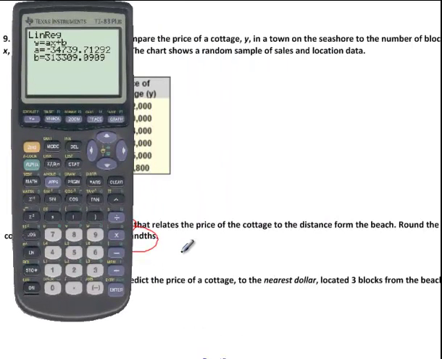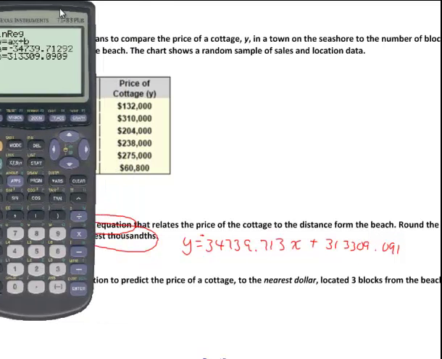It's an equation, so I must write y equals 34739.713 x, and that's a negative, plus 313309.091. Great. Now what do they want me to do?